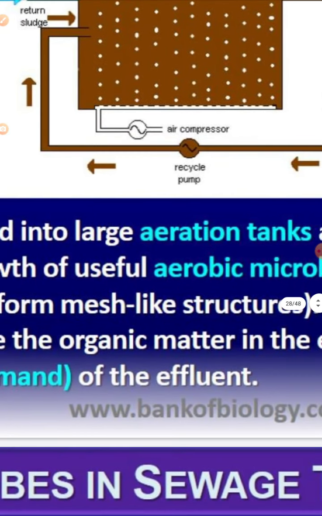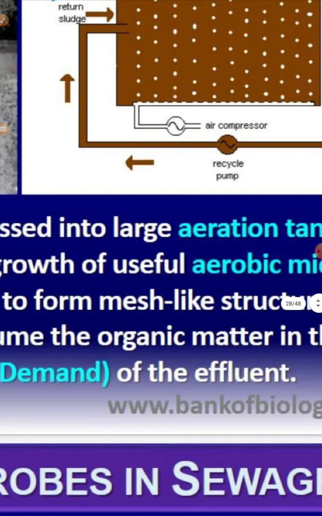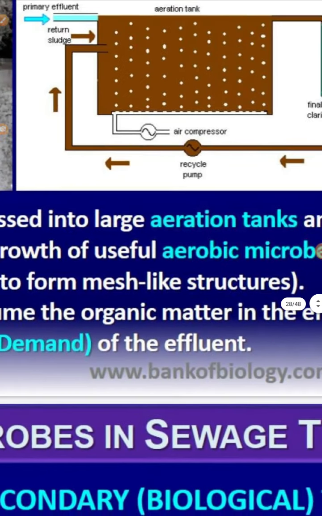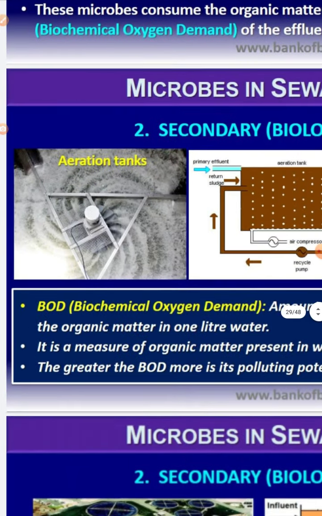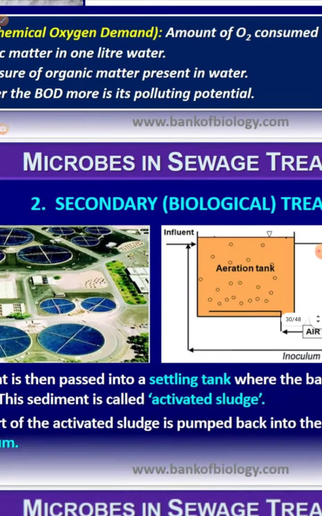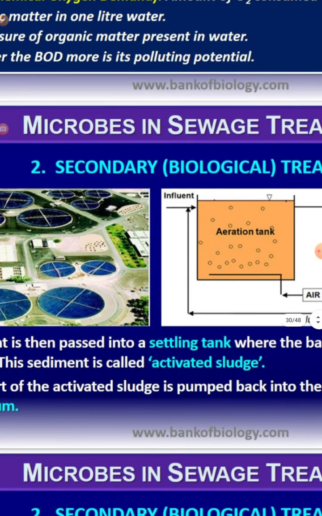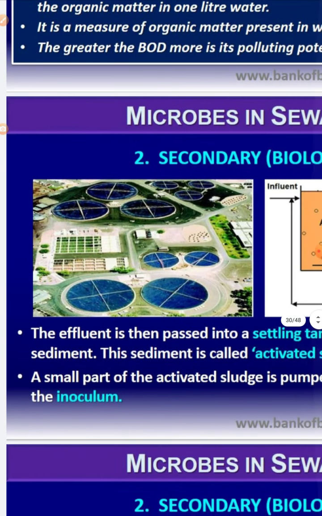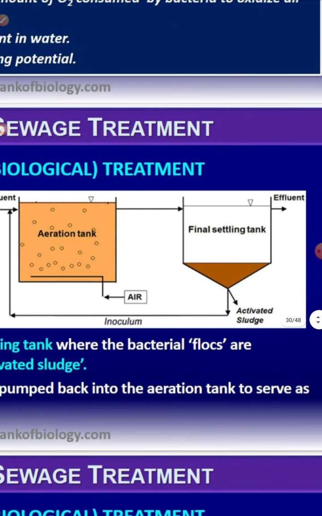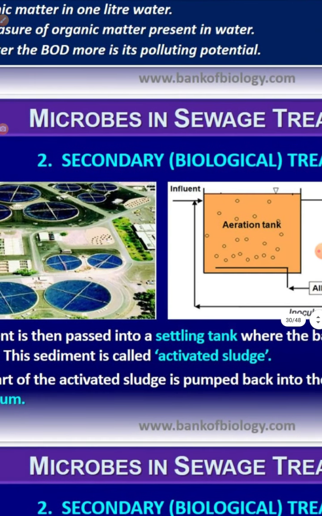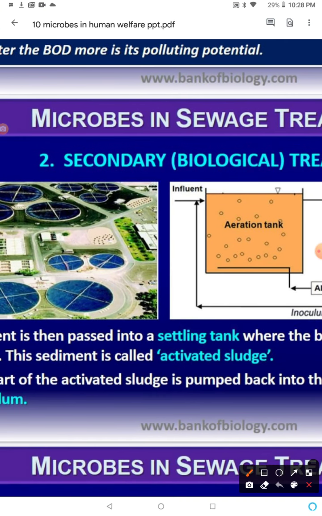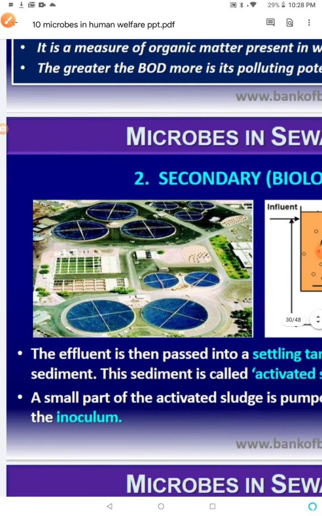The air is compressed in between, and the recycle pump is used, and then the final clarifier. In the secondary treatment, the effluent is then passed into the settling tank where the bacterial flocs are sedimented, and this sediment is called activated sludge. And part of the activated sludge is pumped back into the aeration tank as inoculum.